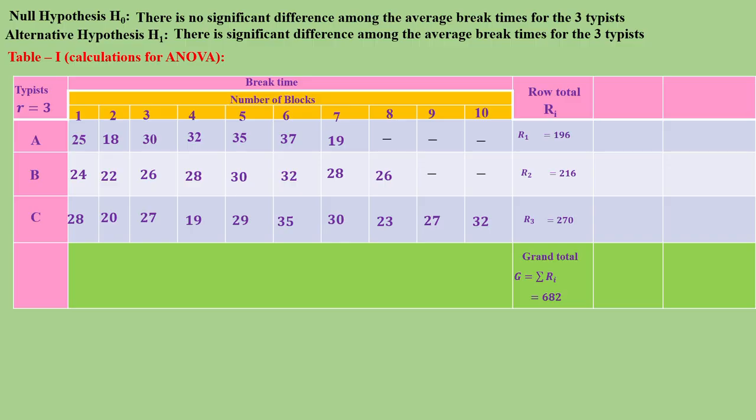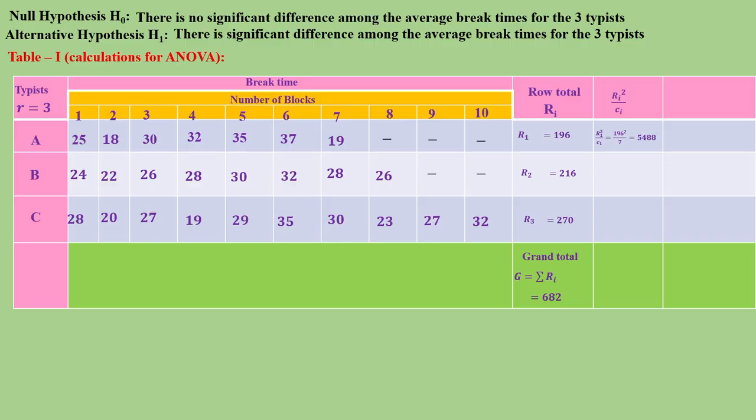Next you have to find Ri square by Ci. So you have to divide the square of each Ri by the corresponding Ci.